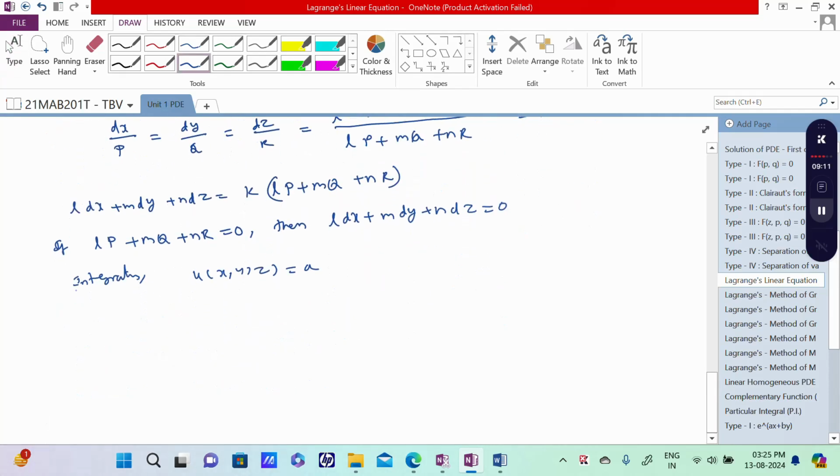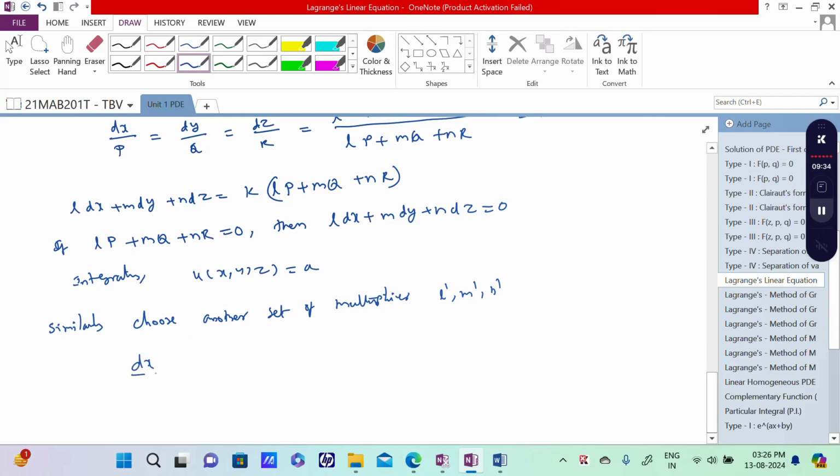Similarly, choose another set of multipliers. Maybe consider l dash, m dash, n dash.